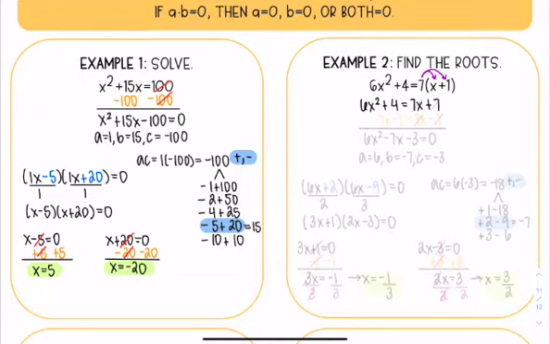So I'm going to subtract 7x and subtract 7 from both sides. And so on the right-hand side, it cancels. And on the left, I have 6x squared minus 7x minus 3.